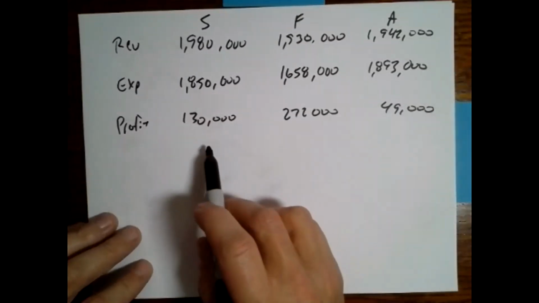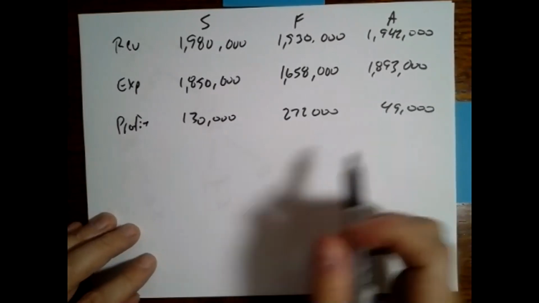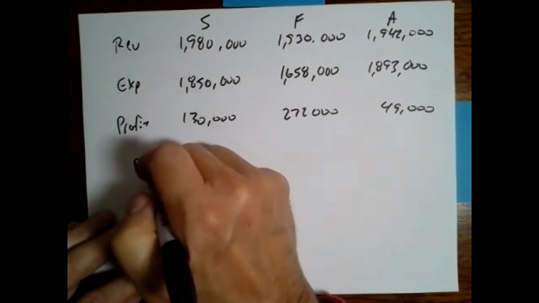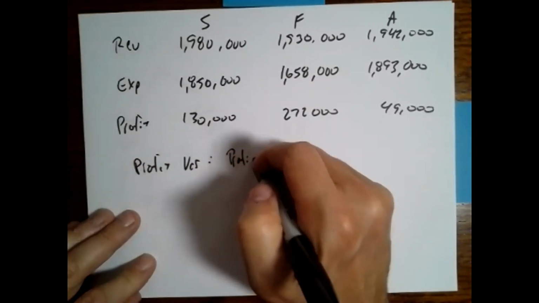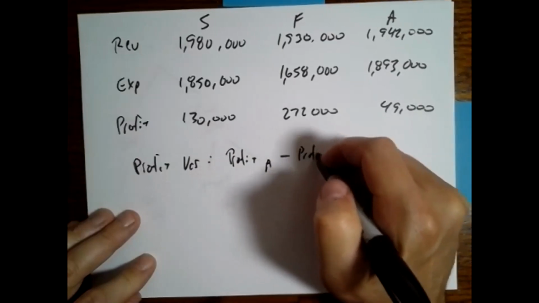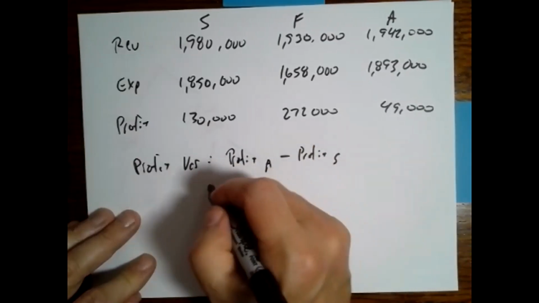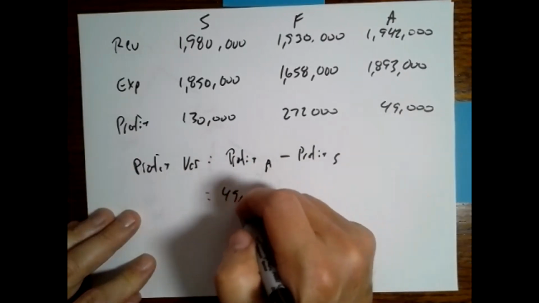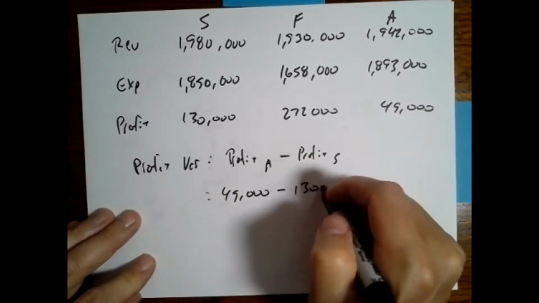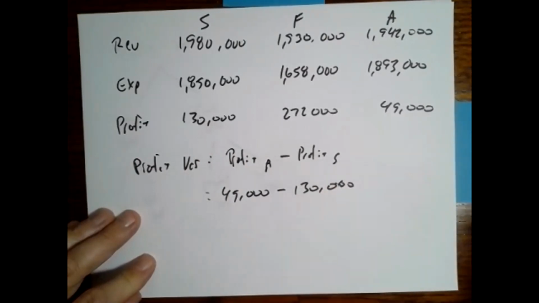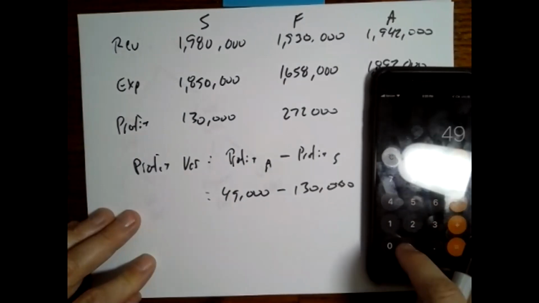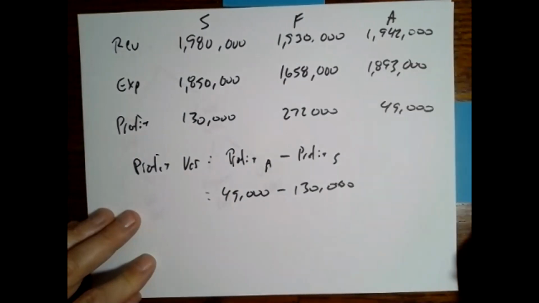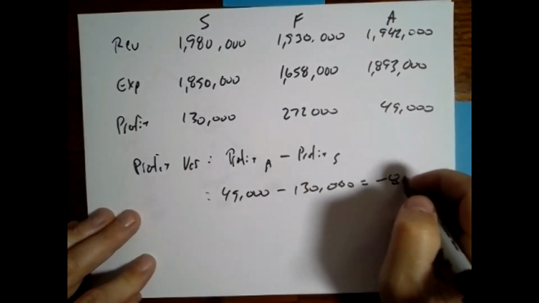Starting at the top, profit variance is going to be profit actual minus profit static, which is 49,000 minus 130,000. That gives us negative 81,000.